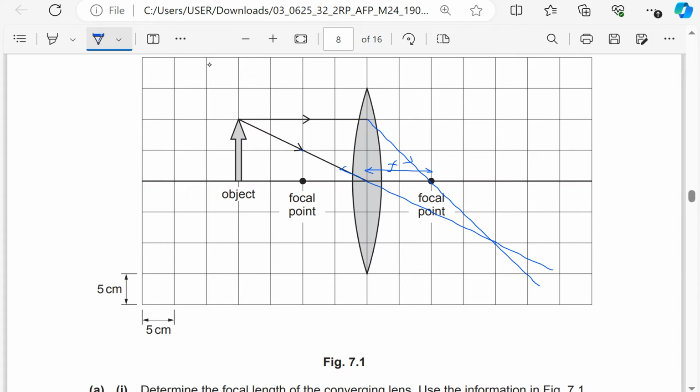If I was to draw this on a question paper, I'm very certain the image is most likely going to be at this point here. Let me try to be accurate and see.